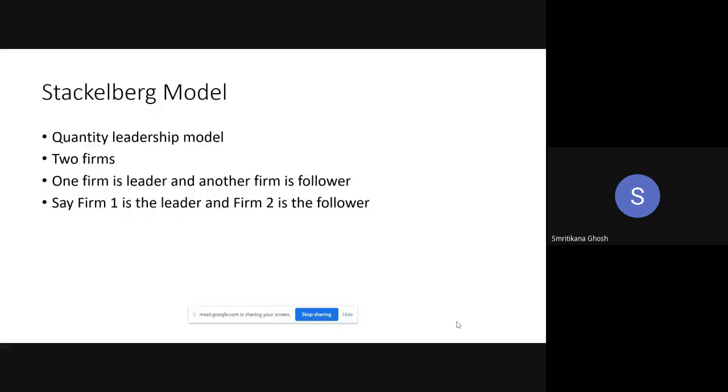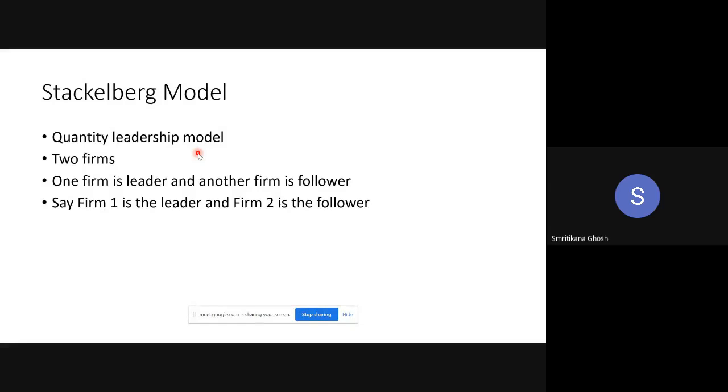Now, Steckelberg model, look at the first bullet. The first bullet is showing the Steckelberg model is the quantity leadership model. Okay, the Cournot model was not the leadership model. Any type of leadership was not there. Right? They are independent. They are taking their decision on their own. One's decision is not dependent on another's decision in terms of price and quantity and all.